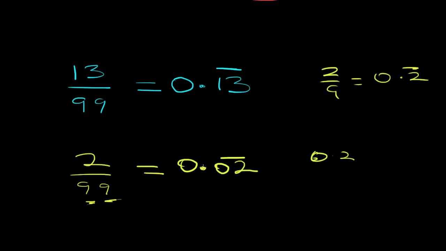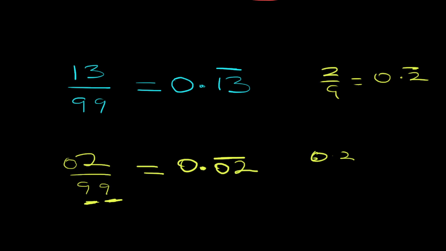So we get 0.02 repeating. The denominator is a double digit here, so the number after the decimal point which is going to repeat itself will also be a double digit. And then that is going to repeat itself. And because we have just 0 here, we can rewrite this as 0.2, right? It doesn't really change the value. So 02 will repeat itself. You understand? And that is because the denominator is a double digit.